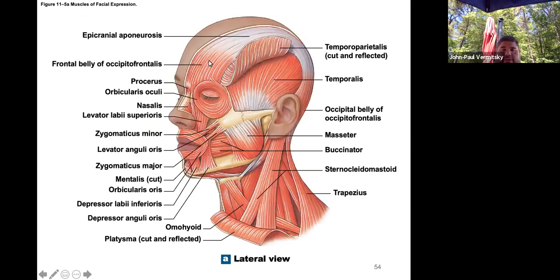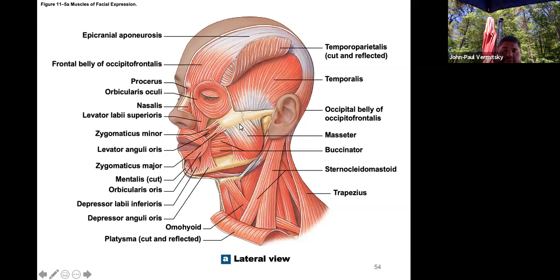So let's look at some of these. Here we have our frontalis muscle. The occipitalis muscle will be back here. We then have the temporalis muscle. The parietal muscle will be actually a little bit further up here underneath the frontalis and occipitalis muscles. And the buccinator is right here.